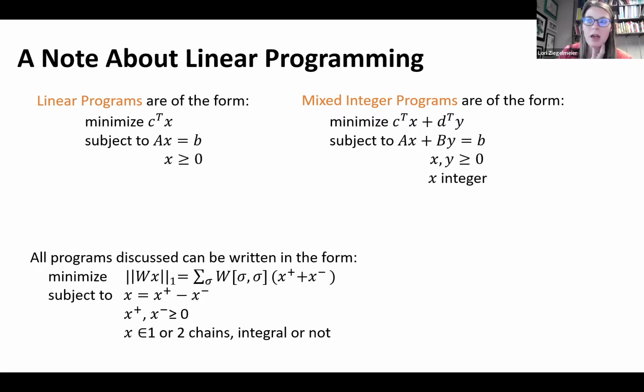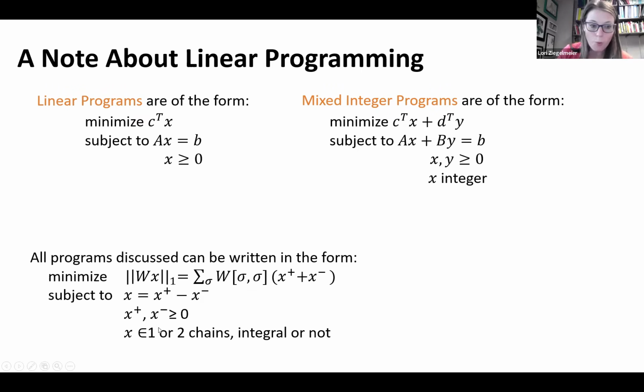All of the problems that I've discussed here can be written in this form, where we take a one norm, which has an absolute value. So you have to do some magic where you replace your decision variables in a special way to account for that absolute value. But you can consider the decision variables.